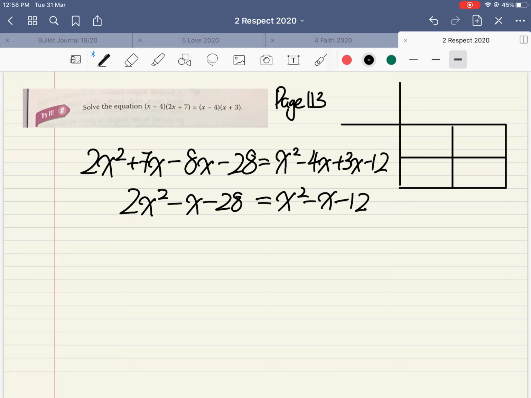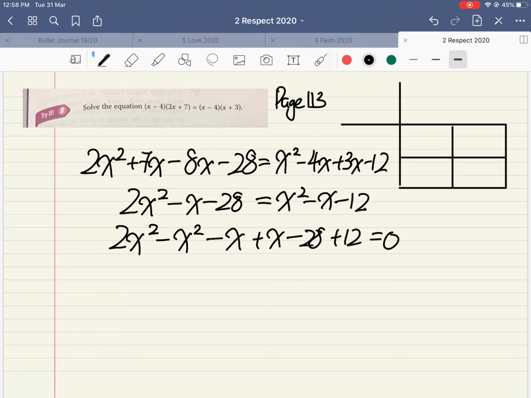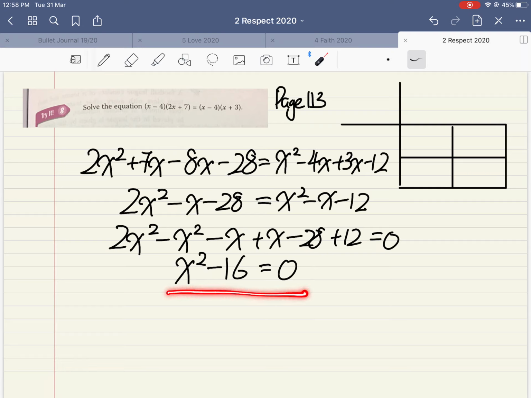Then, what I'll do is gather all my terms on the left-hand side. 2x squared minus x squared minus x plus x minus 28 plus 12 equals 0. If I simplify, I'll get x squared minus 16 equals 0. Now, you do remember that we will have to factorize. Do you remember how to factorize x squared minus 16 equals 0?